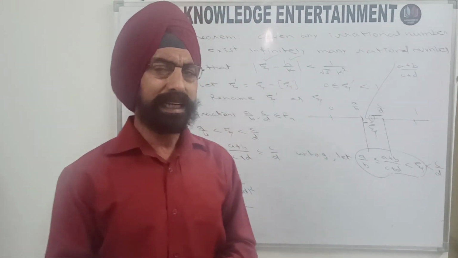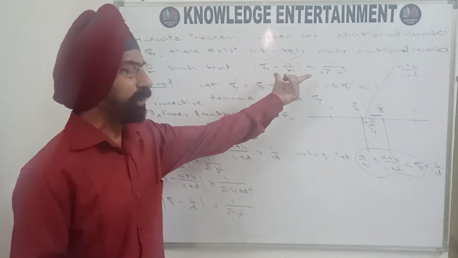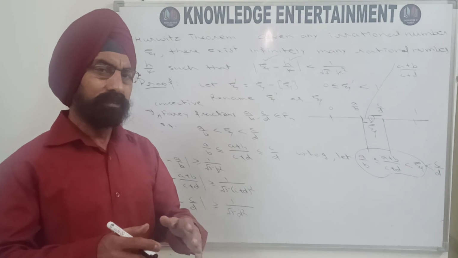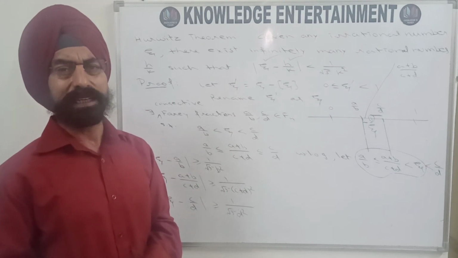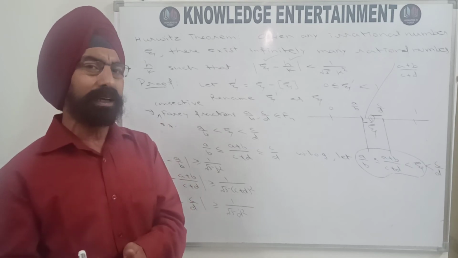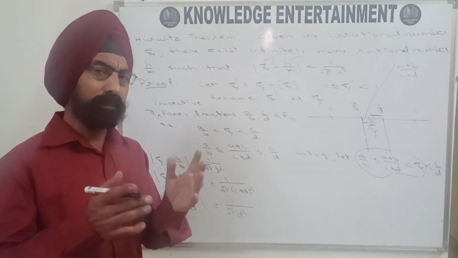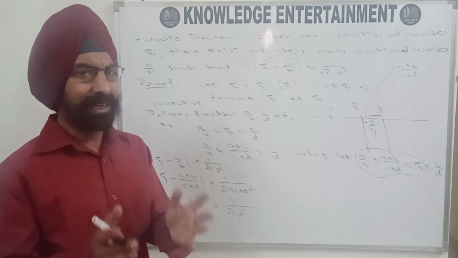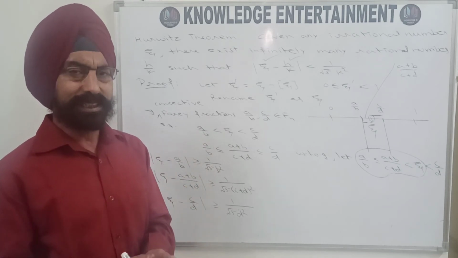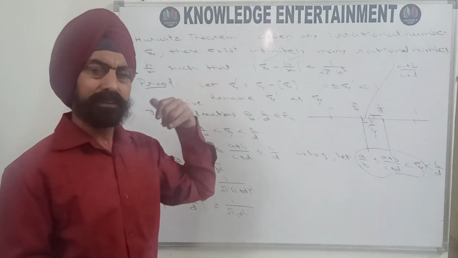I suppose that the inequality is not true for this, not true for this, and not true for this, and we will arrive at some contradiction that will show that the inequality is true for at least one of these three numbers. If we are able to find one of the rational numbers for which the inequality is true, then we will show that there are infinitely many rational numbers, and that part I have not proved, as the proof of that part is very similar to the first theorem we have proved today. So I will prove only that there is at least one rational number which satisfies this inequality.